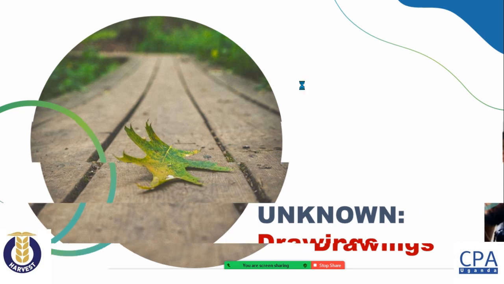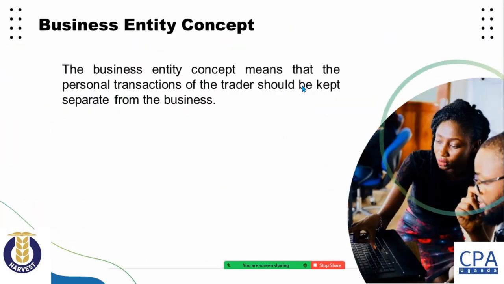So what are we going to do? Now, of course, the concept here is that of the business entity concept, which means that the personal transactions of the trader should be kept separate from those of the business.